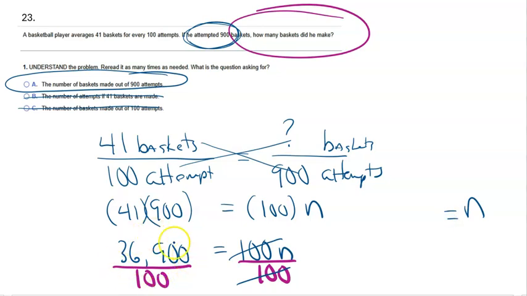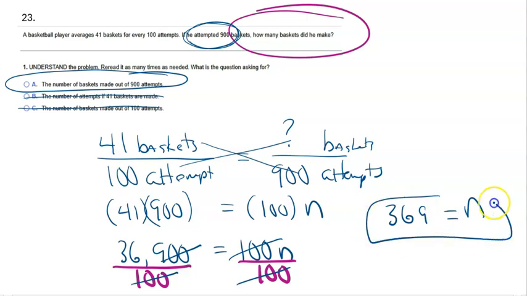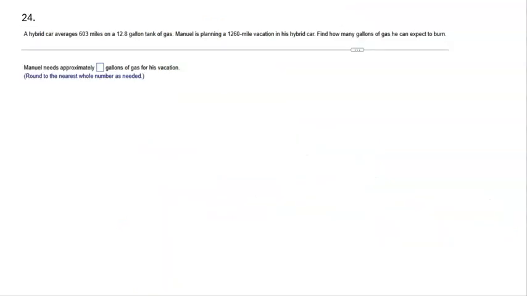Now here, I can do this in my head, or I could type it in my basic calculator. But remember, if you have 2 zeros here, that cancels with those 2 zeros there. So 369 baskets would be our answer if they do go through and ask that after you select the first part of the question. All right, so number 24, we're going through 28, so we're getting there.